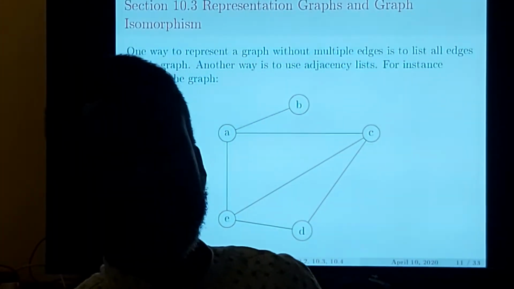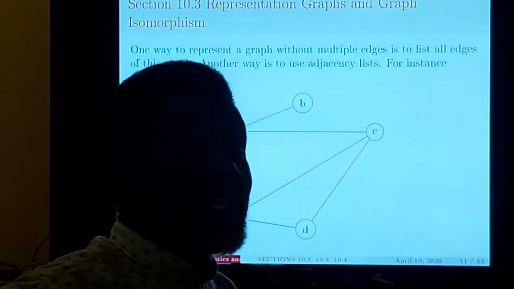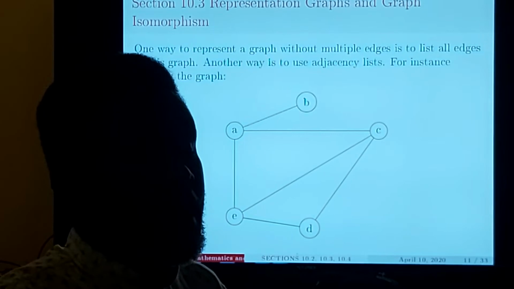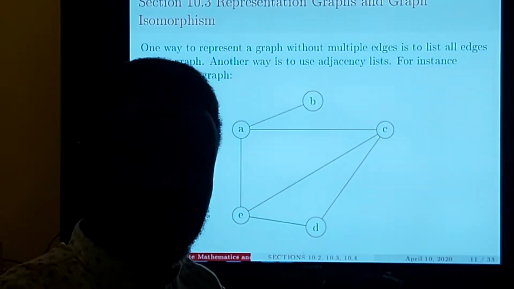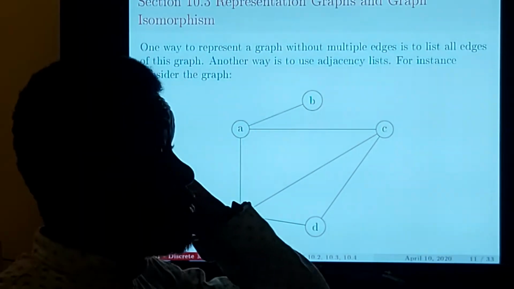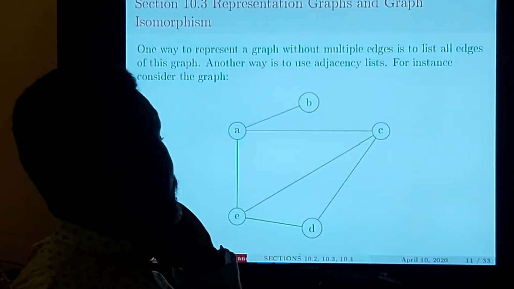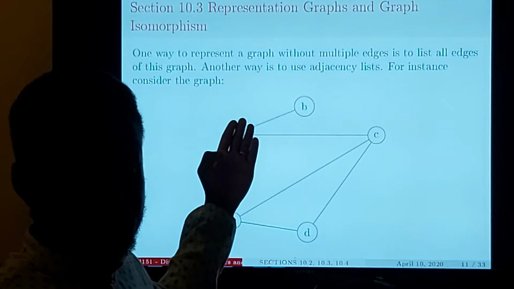So, anyway, ladies and gentlemen, welcome to the second lecture on graph theory. We hopefully will finish next week, inshallah. Last time we were looking at section 10.2, I mean, the last video.